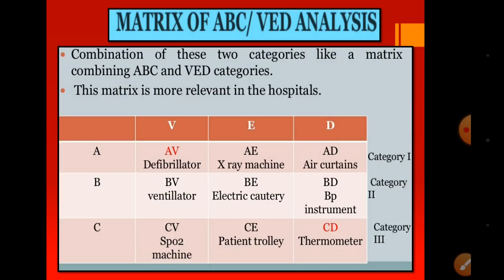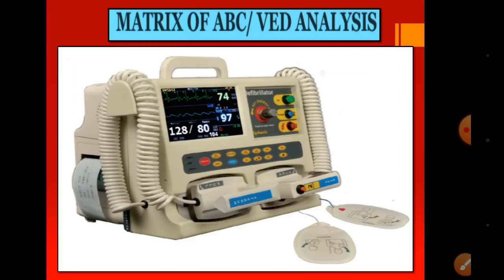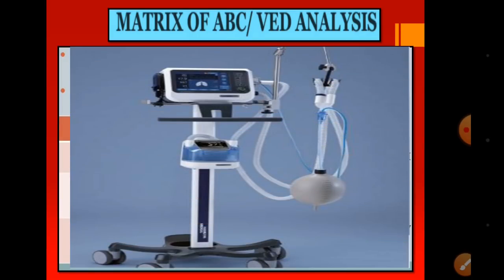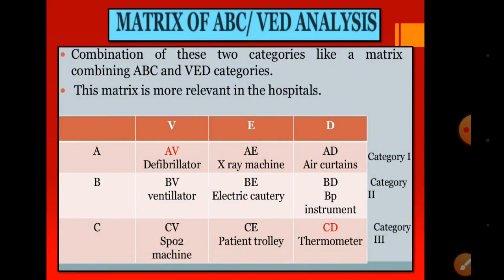The item in A row and V column is an AV item, example, defibrillator. Next, BV item, that is in B row and V column, that is ventilator. The item in C row and V column, example, is PO2 machine.